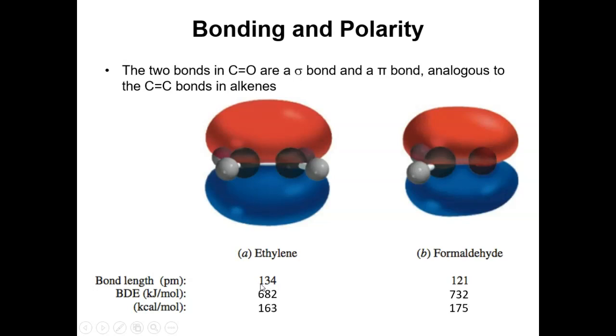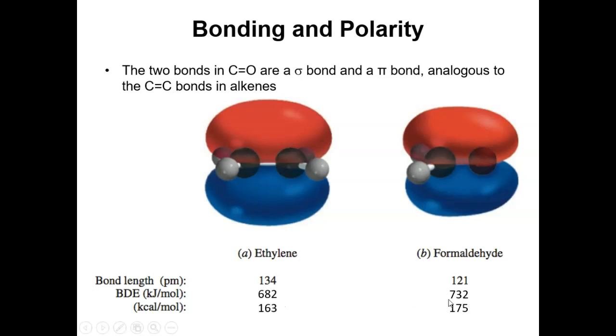But I want to invite your attention to some quantitative aspects of these two bonds. You see the bond length of the C=O double bond is noticeably shorter than a C=C double bond. And if you measure the bond strength, it is also noticeably stronger than the C=C double bond.